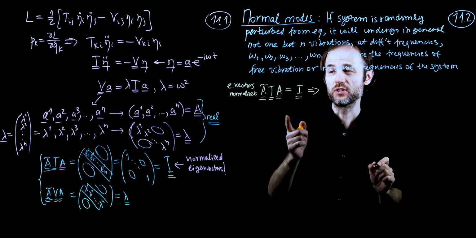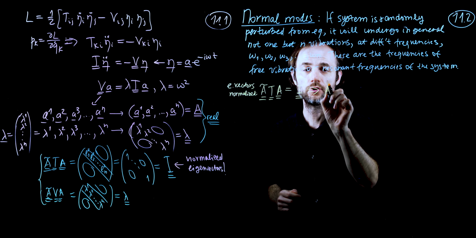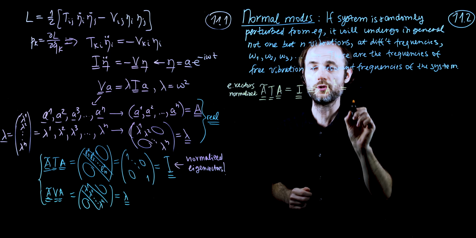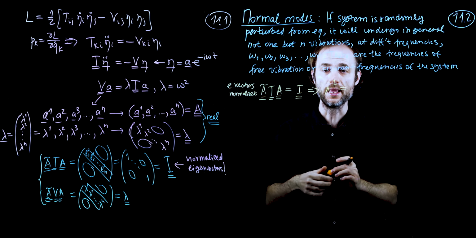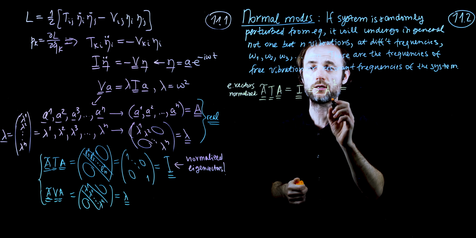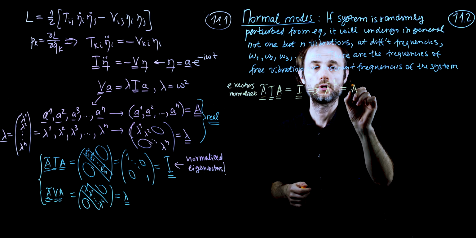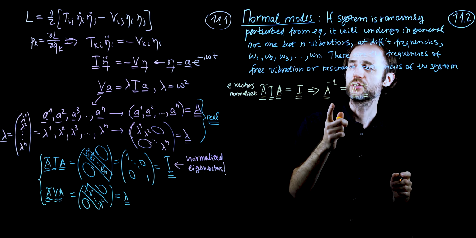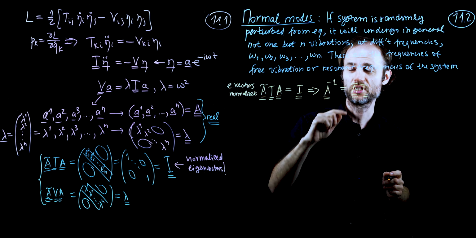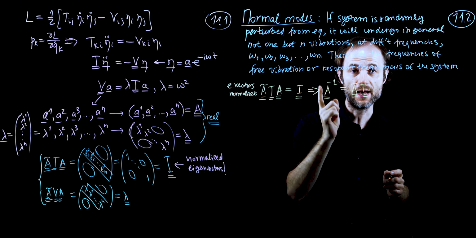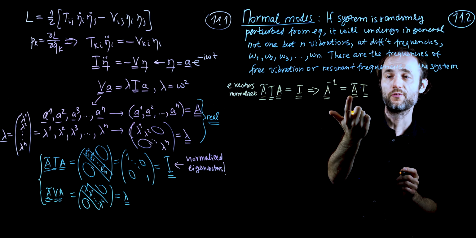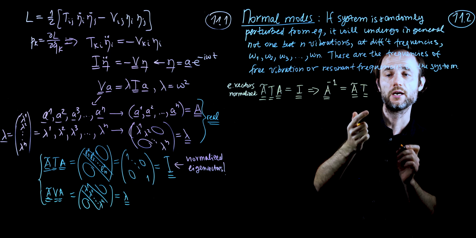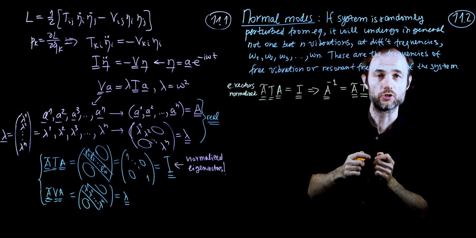However, this also means that the inverse of A is going to be equal to, let us multiply both sides from the right-hand side by the inverse of A. We're going to get that the inverse of A is equal to A tilde times T. So it turns out that if we normalize our eigenvectors, then the inverse of the eigenvector matrix A is very simply just the product of A tilde, the transpose of A, times the T matrix.